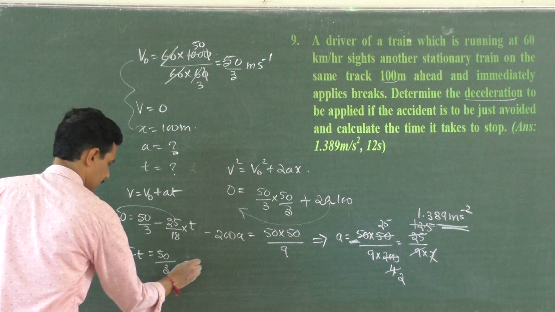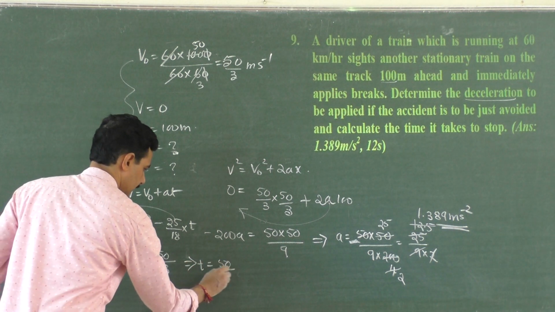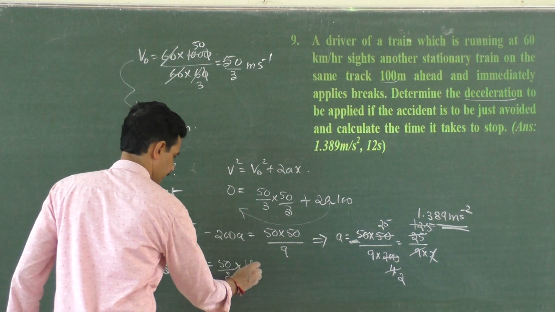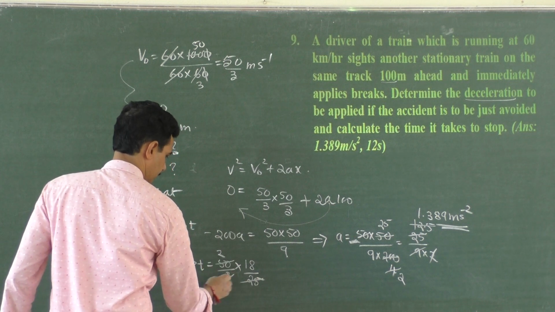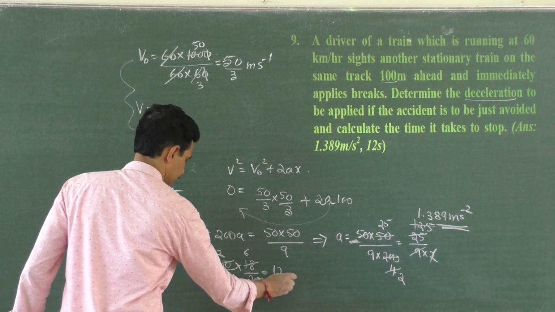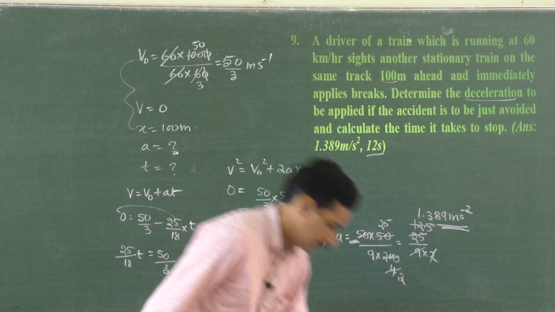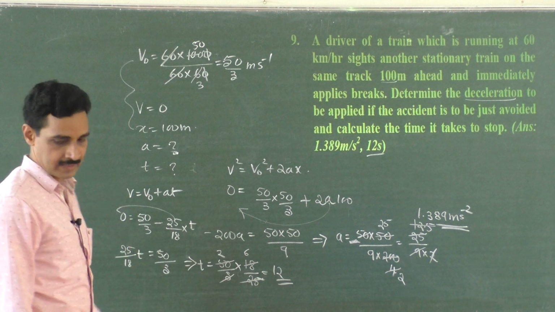So t is equal to 50 by 3 into 18 by 25, which is 12 seconds. So we got the correct one. The ninth is over.